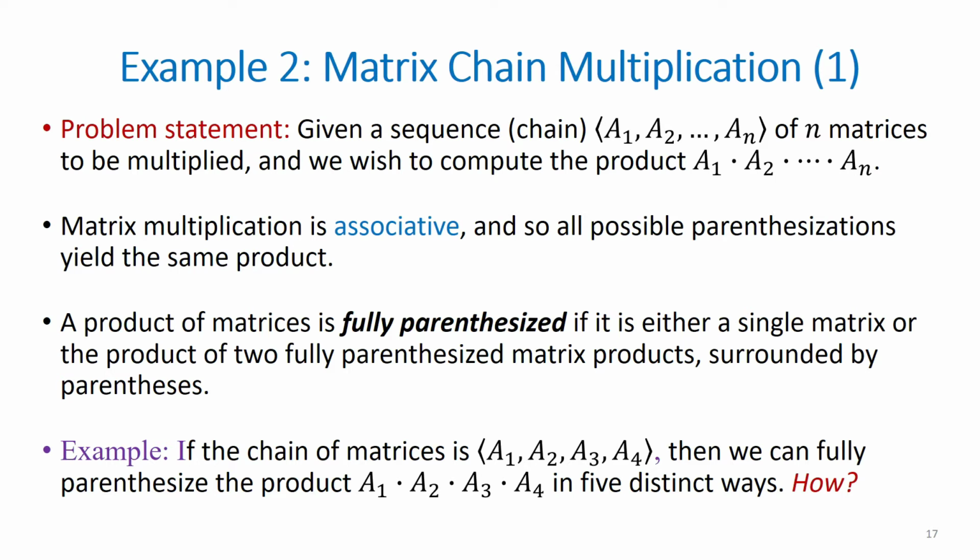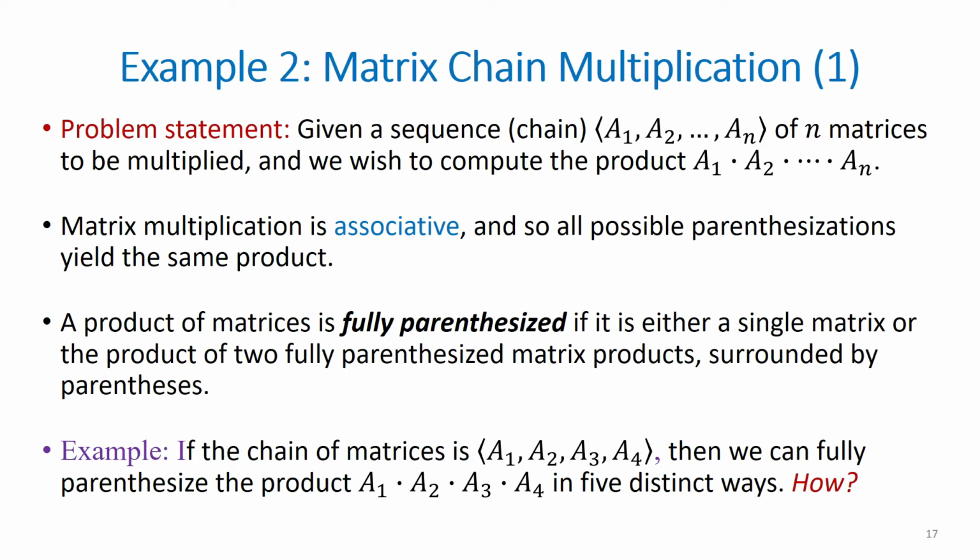In the DP version, however, both the memoized top-down and bottom-up methods have the same asymptotic running time of theta n squared. This is due to the two nested for loops, which compared to the cut rod procedure is more efficient. Now let's consider another example called matrix chain multiplication.